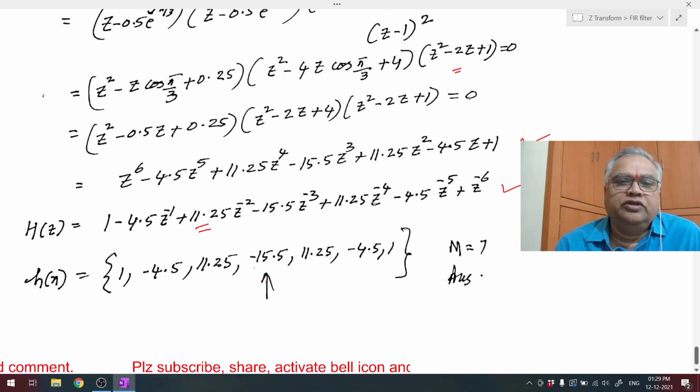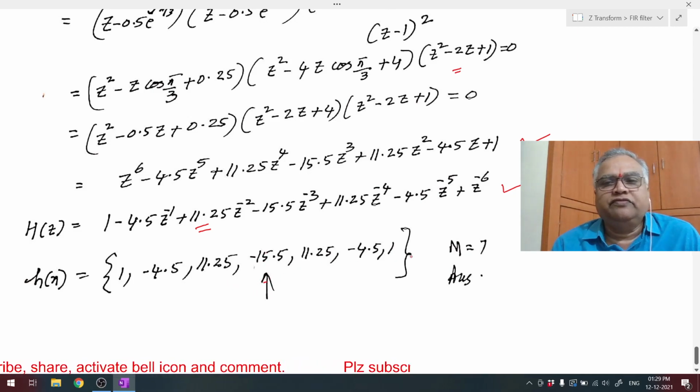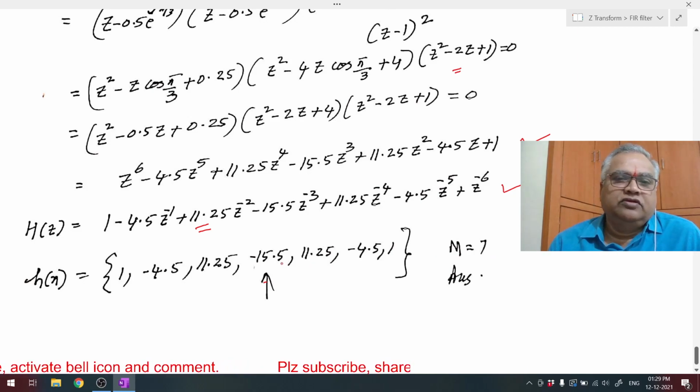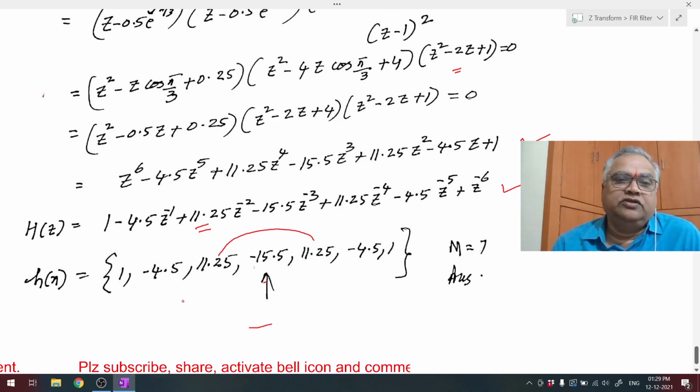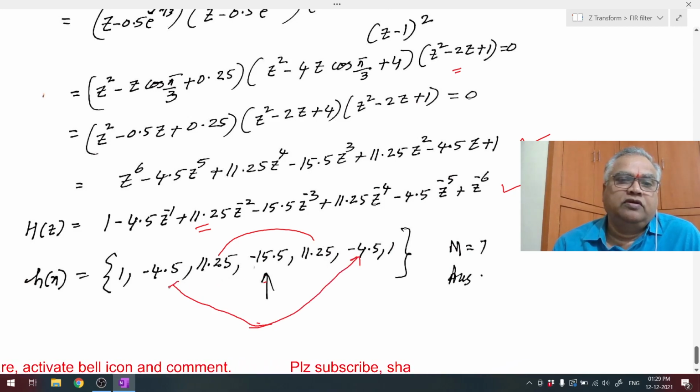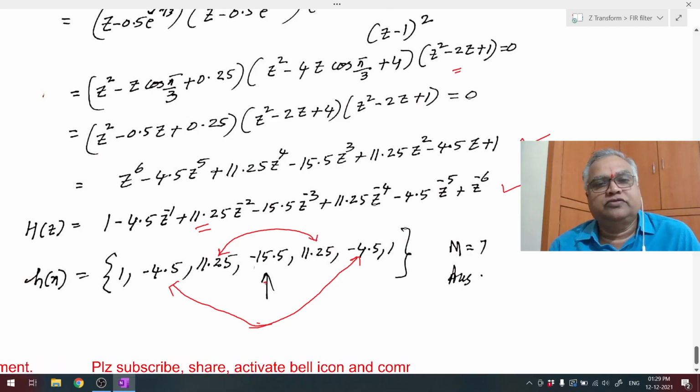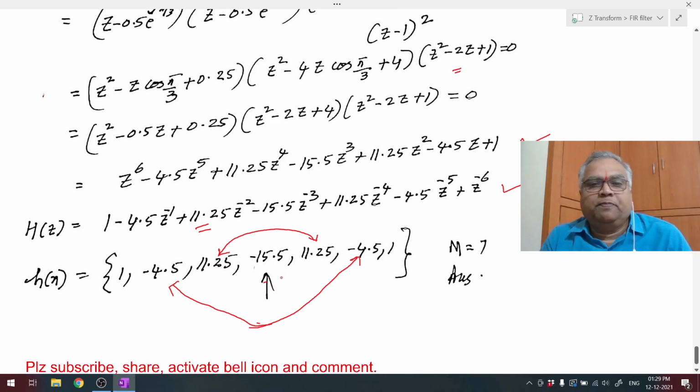This arrow indicates symmetry. H of n is a symmetric sequence. So minus 15.5, again these two values are equal, these two also equal, these two equal, and this one also equal. So this arrow indicates symmetry.